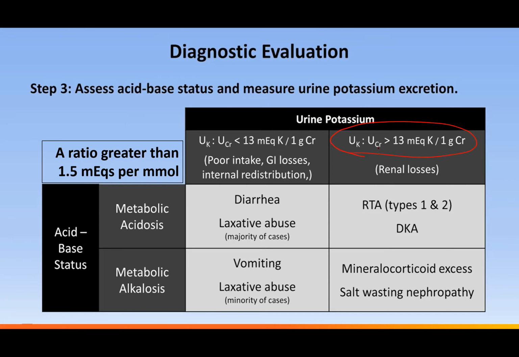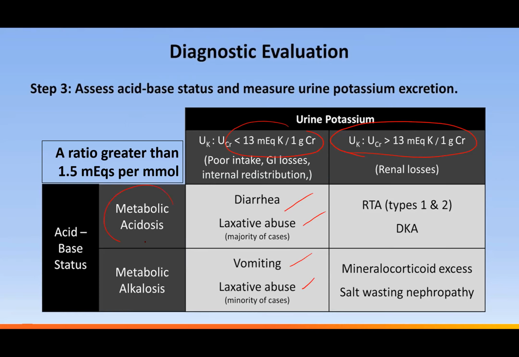Kidney is the culprit. If it is less than 13 milliequivalents of potassium per gram of creatinine, then extrarenal is the cause. This immediately separates extrarenal causes like diarrhea, vomiting, and laxative abuse. How do I differentiate them?